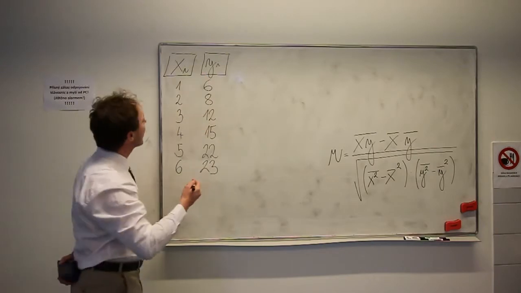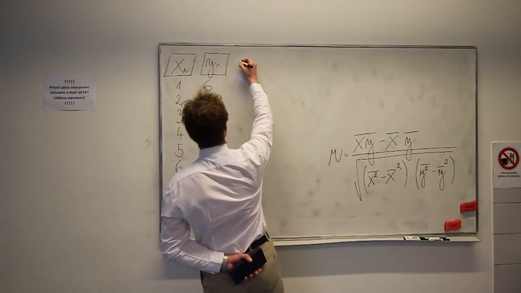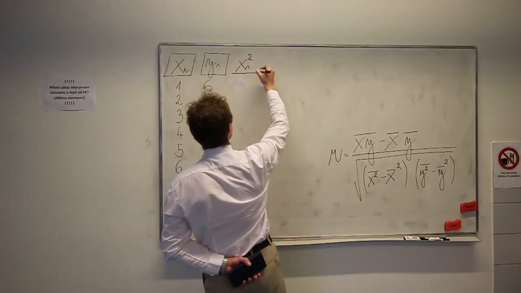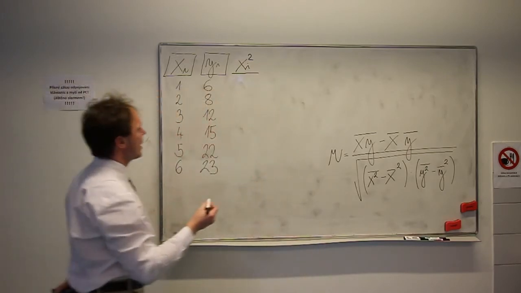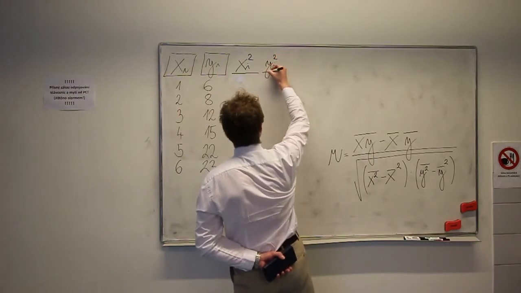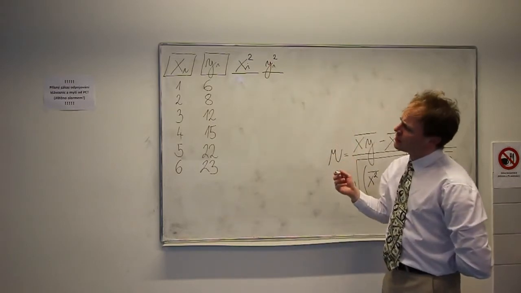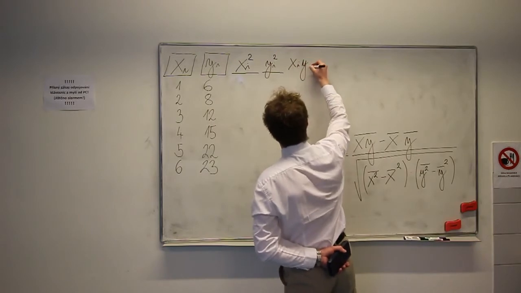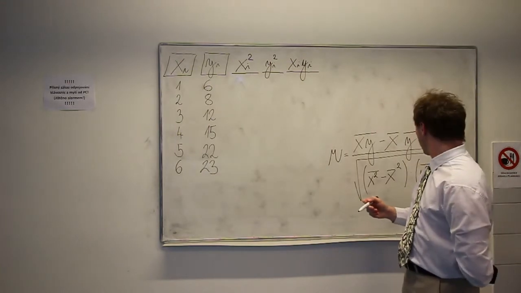So we need to calculate new columns. We need to calculate here x squared, another column with the second power of variable x, another column y squared, with the second power of variable y, and the multiplication x times y, multiplication of variable x and variable y.